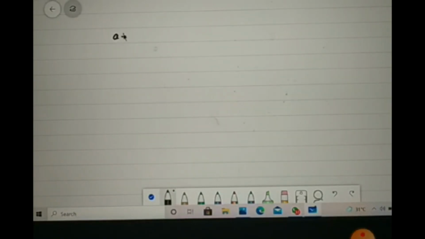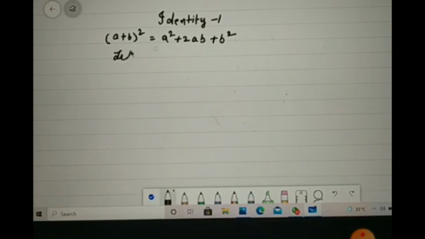So see an example, (a plus b) whole square. Now this is equal to a square plus 2ab plus b square. Now how do we know that this is an identity? Let us see this identity 1. We will assume any value for a and b.